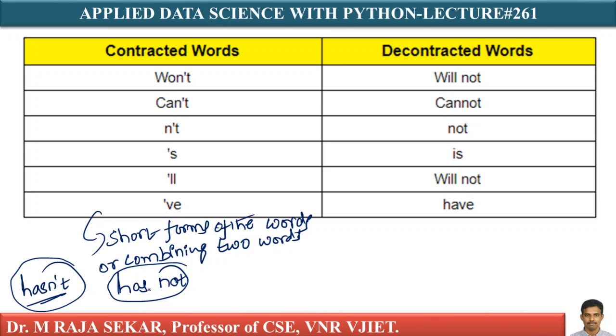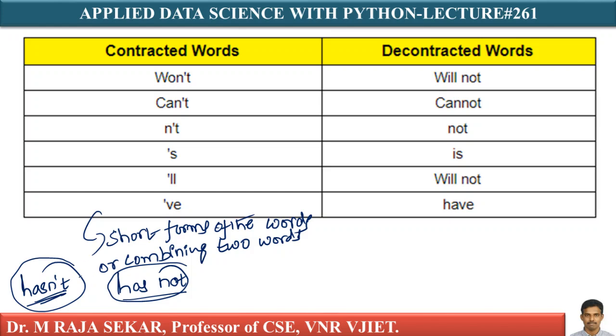In order to avoid the same sentences being identified as different sentences, isn't it? Your review text may be identified as a different text. If some reviewer writes hasn't with an apostrophe and some reviewers write has not, in fact they are the same, isn't it? Strictly speaking, they are the same sentences.